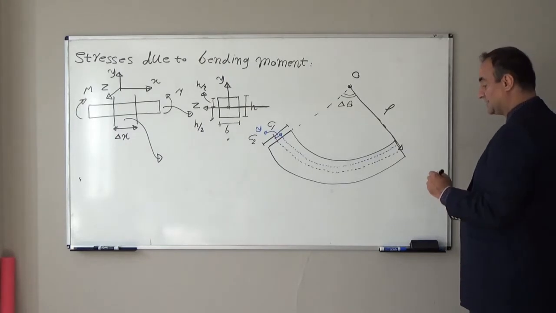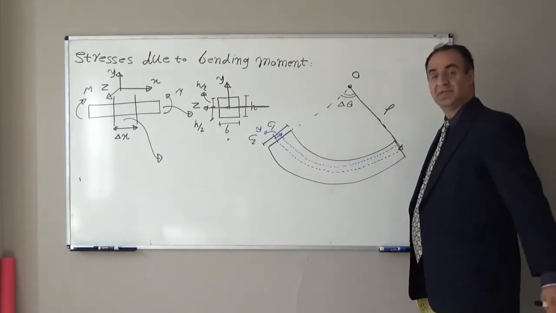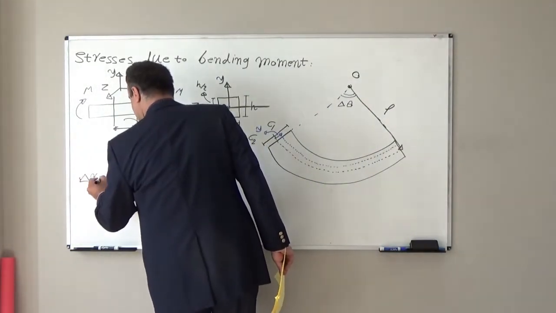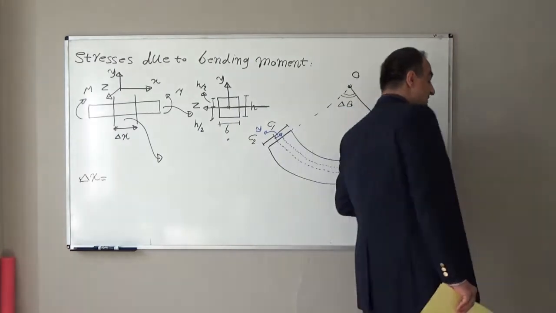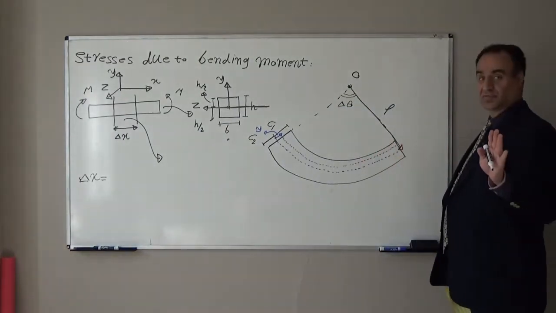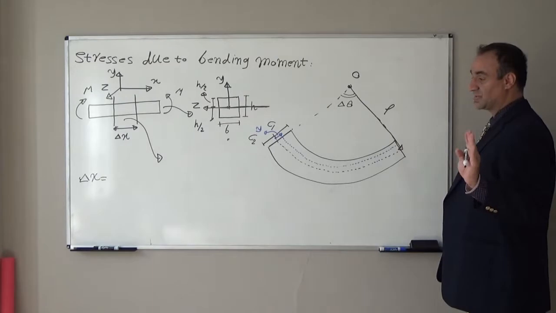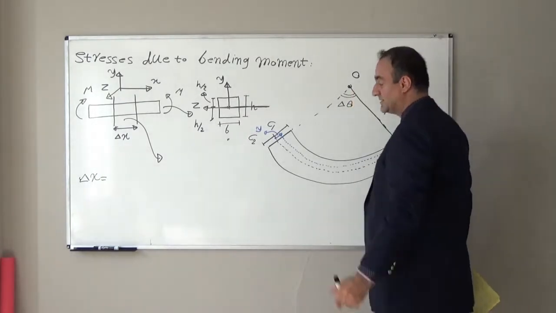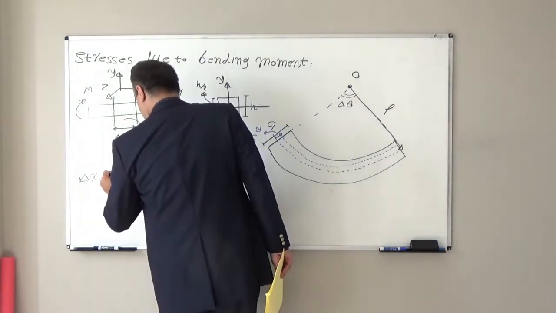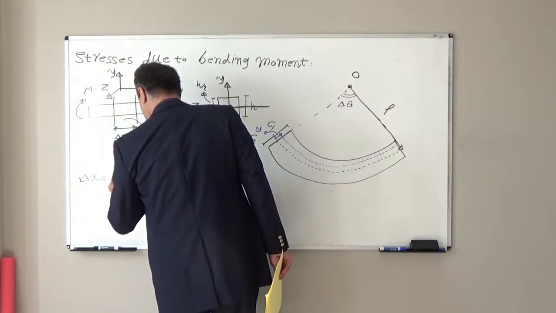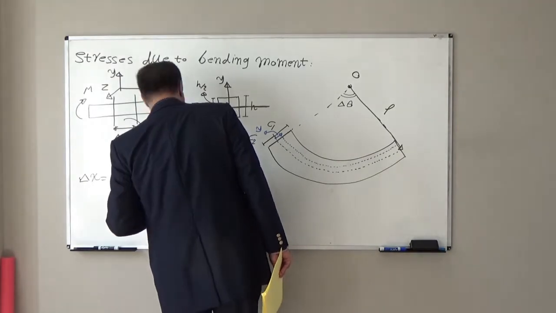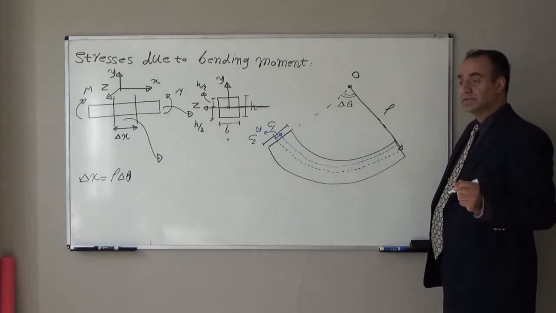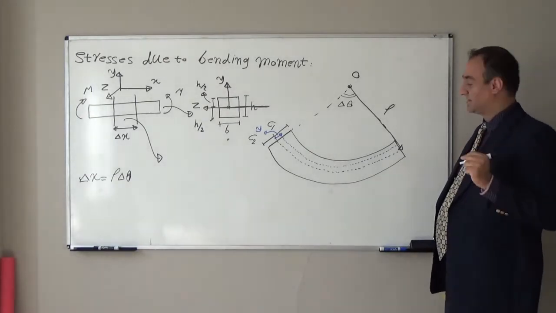Initially, the length of this segment of the beam was delta x. Because the deformation is small, this angle is very small. So delta x will be equal to rho delta theta. Before deformation, the segment length was delta x.